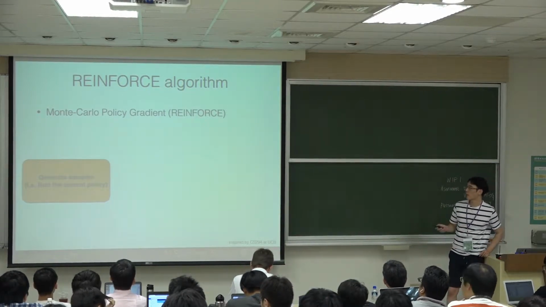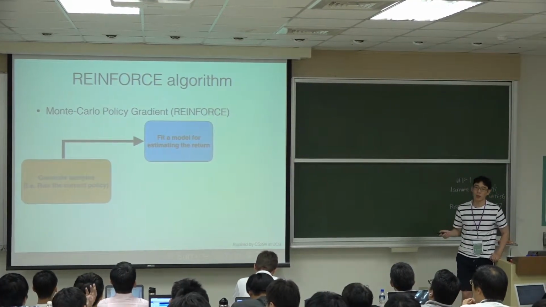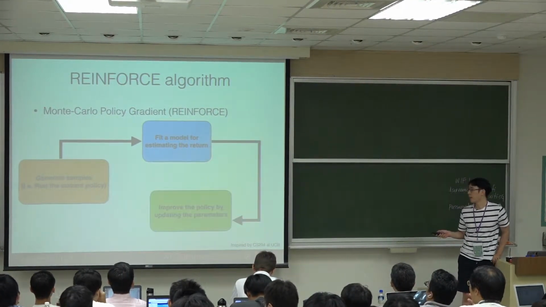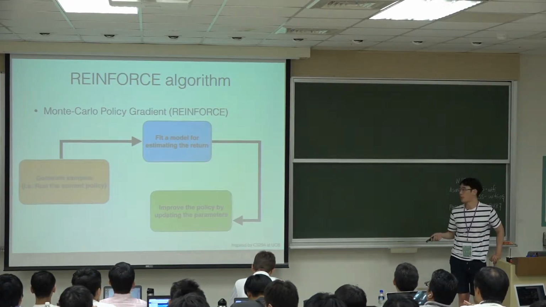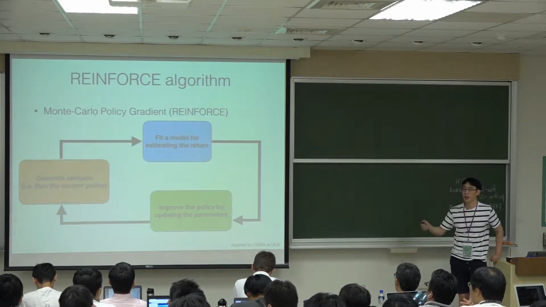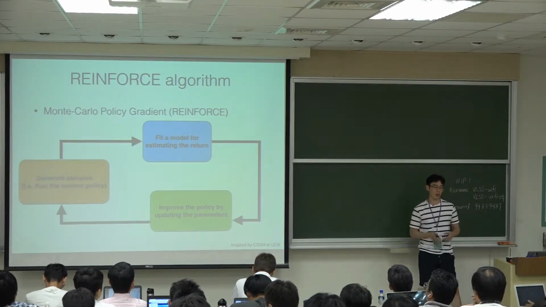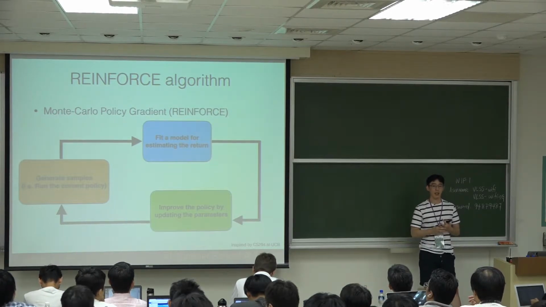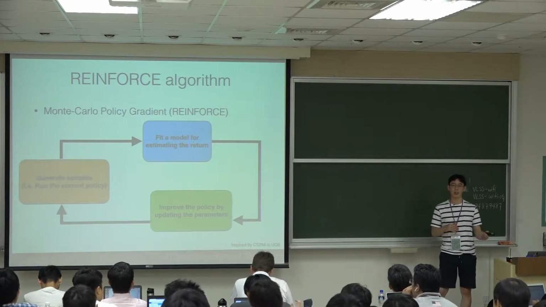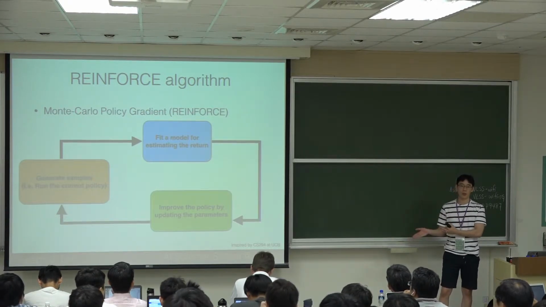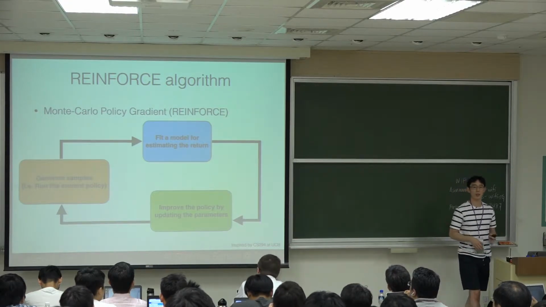So basically generate some samples, and then fit a model estimating the return. Then improve the policy by updating the parameters, meaning doing gradient, and then go back. After you do gradient descent or ascent, depending on how you think about it, you get an updated policy function, an estimating function, and then you sample again, you get another reward and a gradient, and you keep repeating it. Okay? That's basically a sampling-based approach.